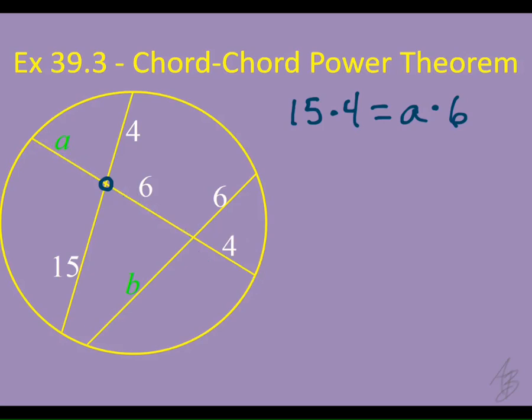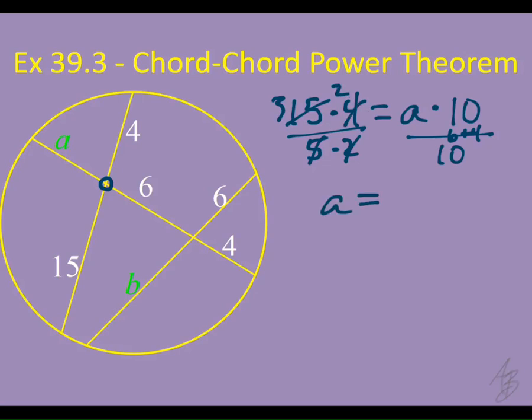So it's not going to be 6, it's actually going to be 10, which we get by doing 6 plus 4. We'll add them together right away. Divide both sides by 10, which is really 5 times 2. So we get A equals 6. You guys agree with that? Okay.